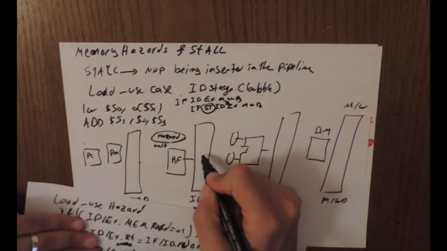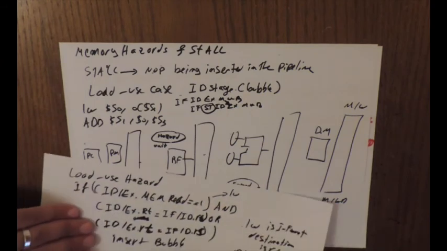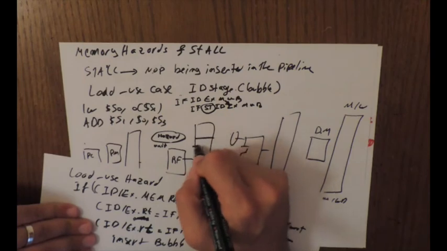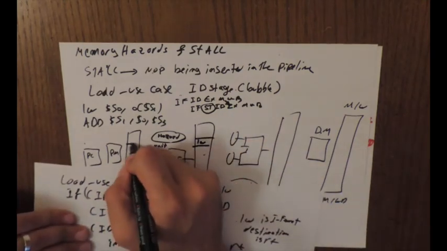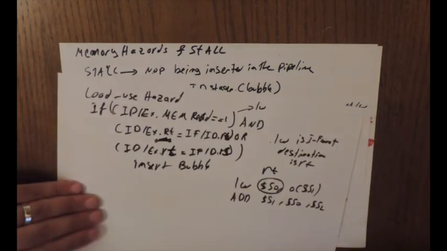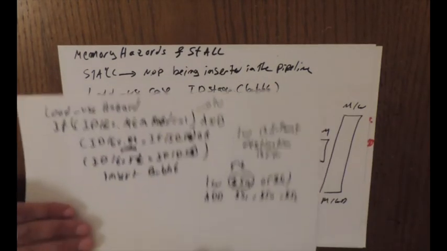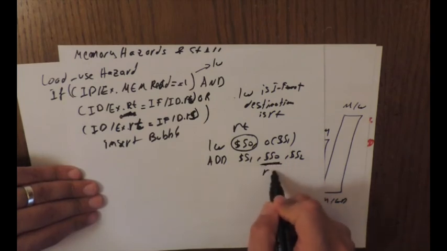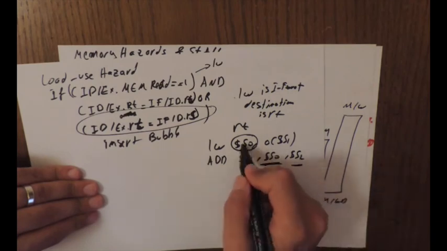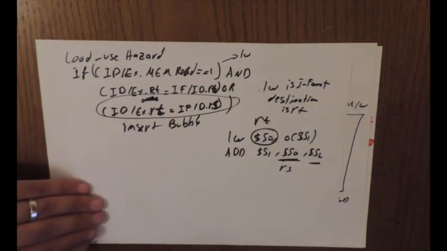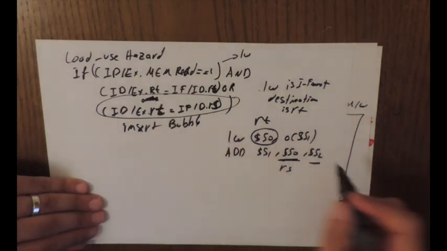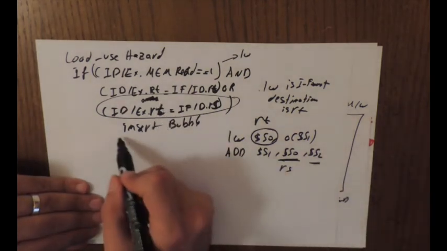So if I have a load word here, and what's coming is an add or any use instruction, and they have either the RS or the RT, if it depends on the RT of the previous instruction, then in this case I have a dependency and I need to use the load use hazard and insert a bubble.